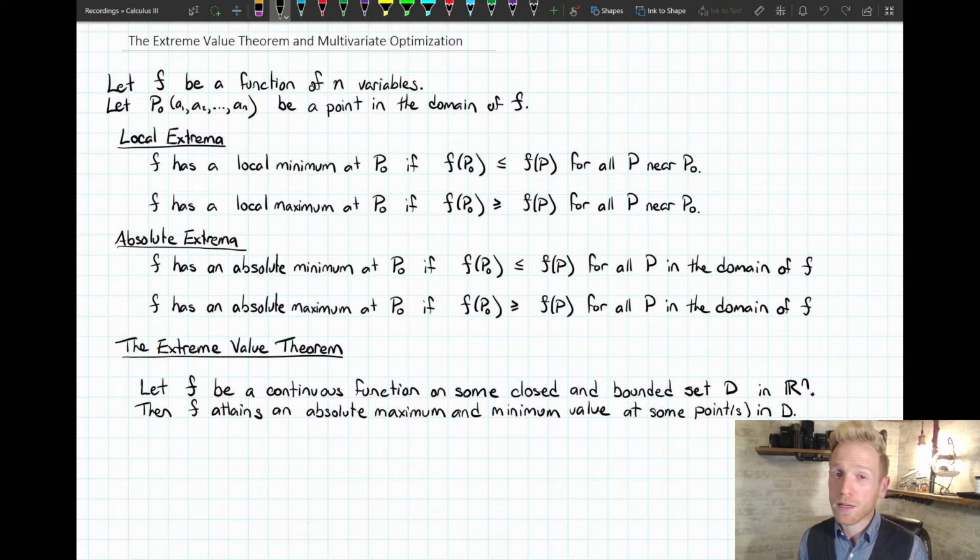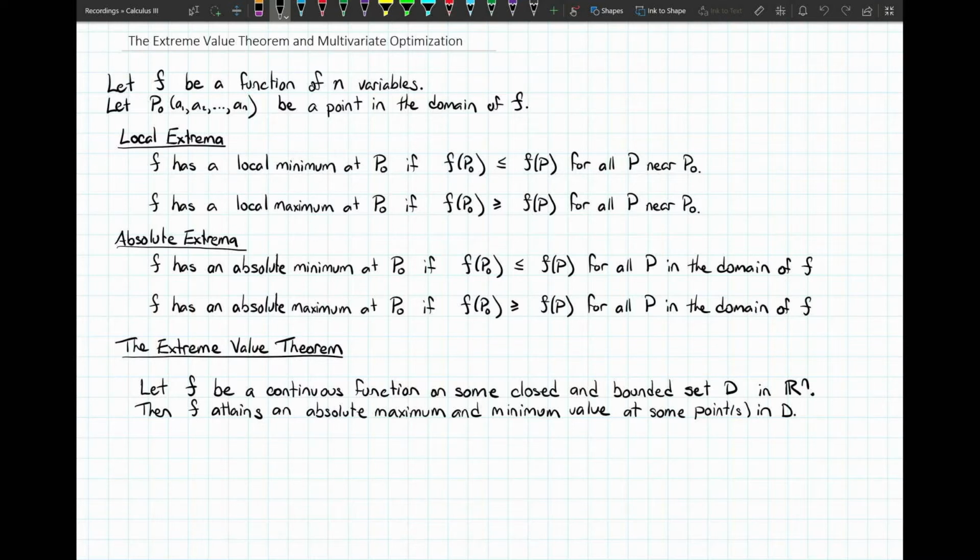For any other point close by, f evaluated at p naught is either the biggest or smallest. That gives us a local extreme value. An absolute extreme value is where the function evaluated at some point is the biggest possible value over the entire domain of the function, or potentially the smallest possible value over the entire domain of the function. And that's what we're going to be focusing on in this video.